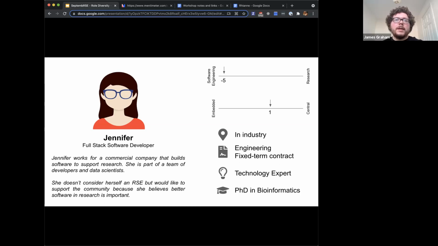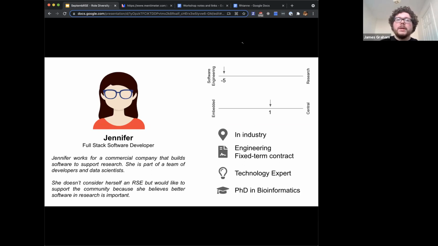We thought that the line between RSE and researcher might be easier to move across than the line between software engineer and researcher, because those roles both typically exist within the same organization and are more similar, perhaps.